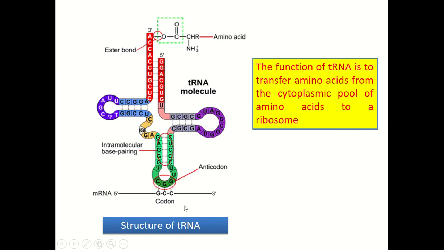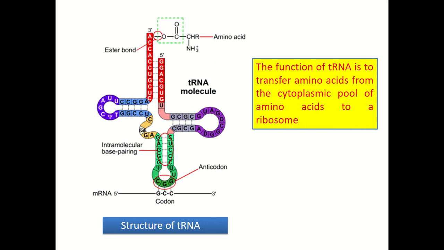So this is the structure of tRNA. I already discussed this last week. In the tRNA structure, we have the anticodon site here, circled in red over here, which will pair with the codon available in the mRNA transcript.